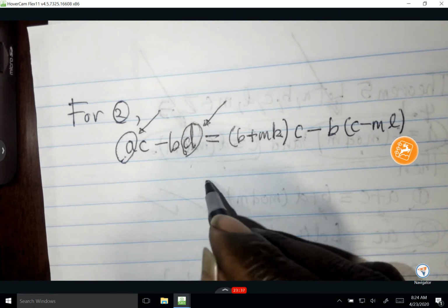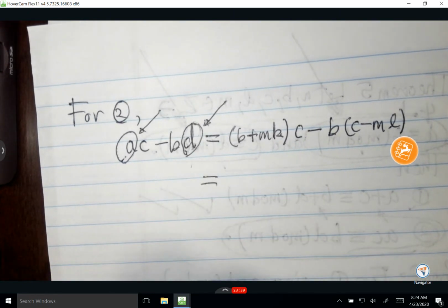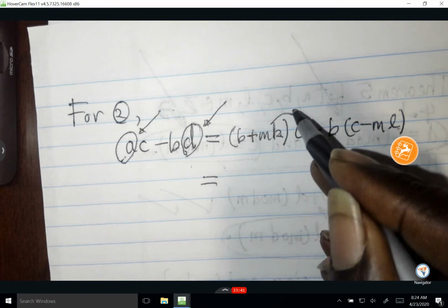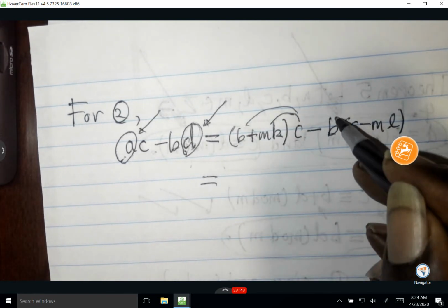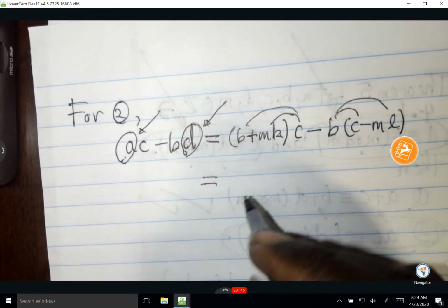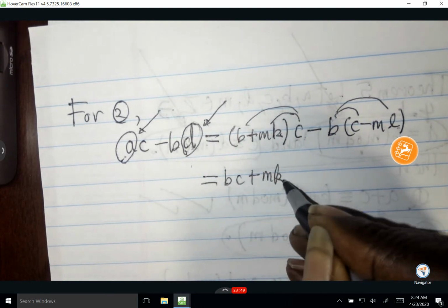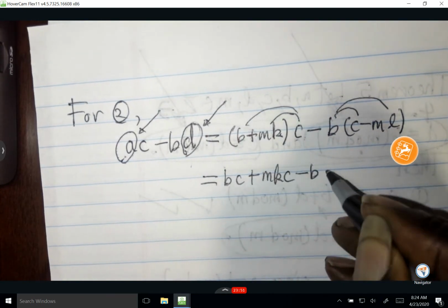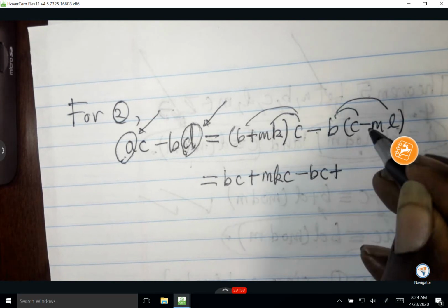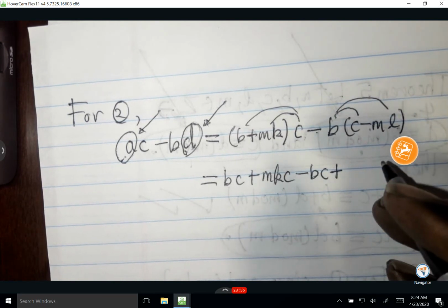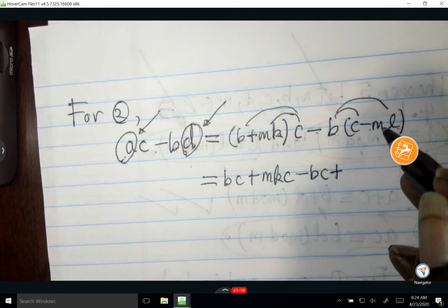What can I say that's equal to? Well, I can distribute the C through now, right? And the B through here. So that would be BC plus MKC minus BC plus, minus minus makes a plus, from kindergarten, BML.